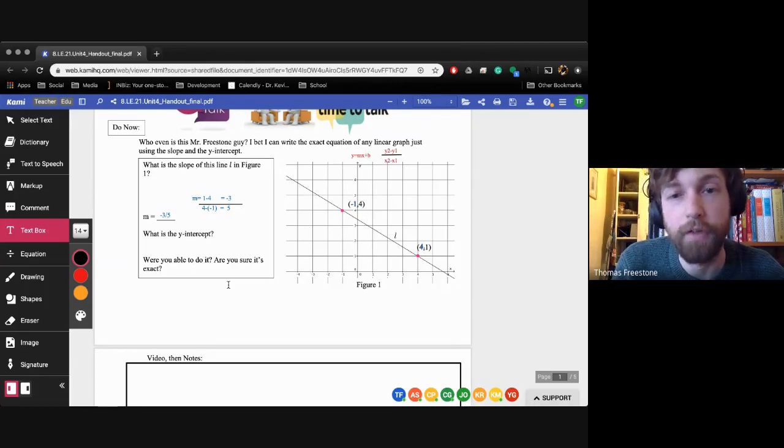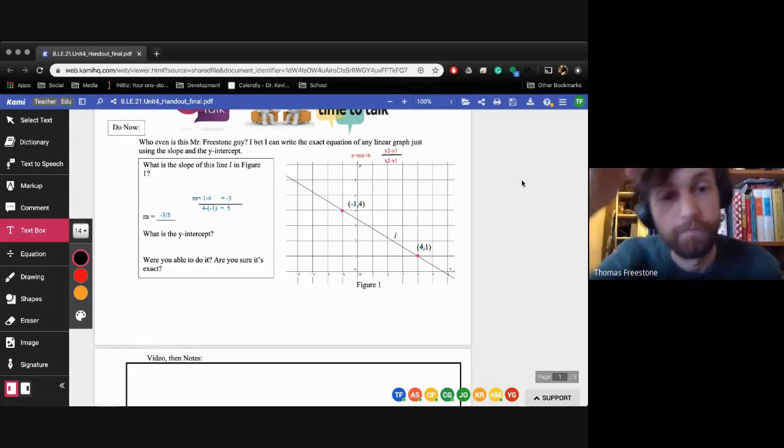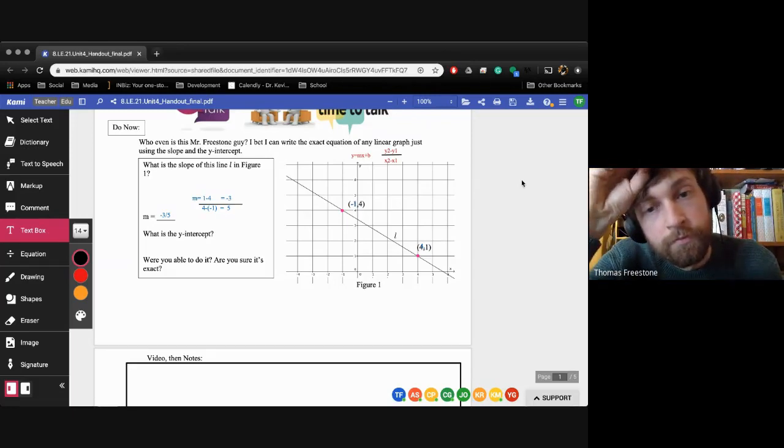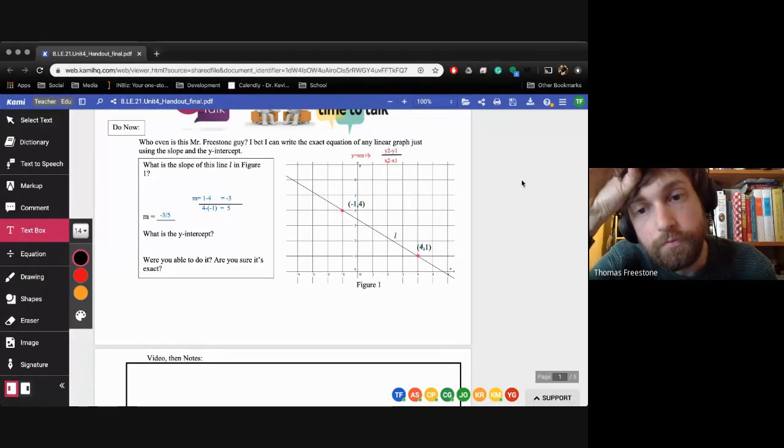But if you have an idea of how we could maybe figure out what the y-intercept is, now is the time to call it out. Anybody have a guess?